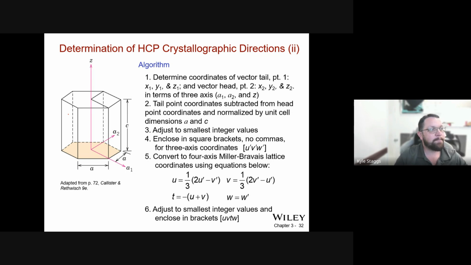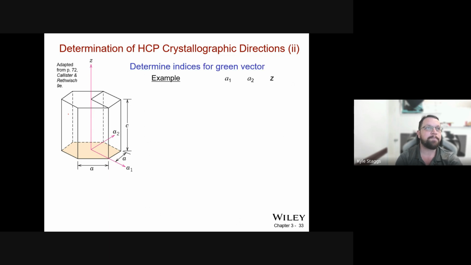So that's kind of the key there. So converting to 4-axis Miller-Bravais lattice coordinates, we'll look at an example of what that does, and then we adjust to the smallest integer values and enclose it in brackets.